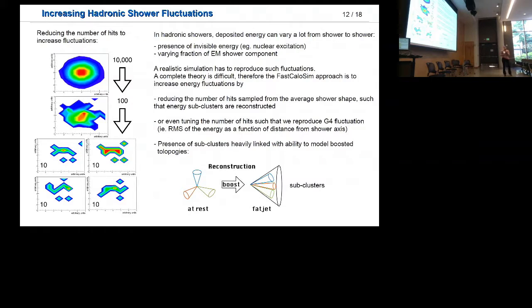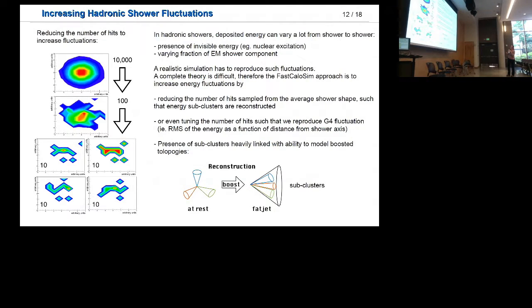It has been in discussion forever because there you have a lot of extra fluctuations. As I said, you have an invisible energy, you have an EM shower component which varies from shower to shower. So every hadronic shower will look very different to the next one. Since it's difficult to describe such a theory, what we do is we basically introduce more randomness.